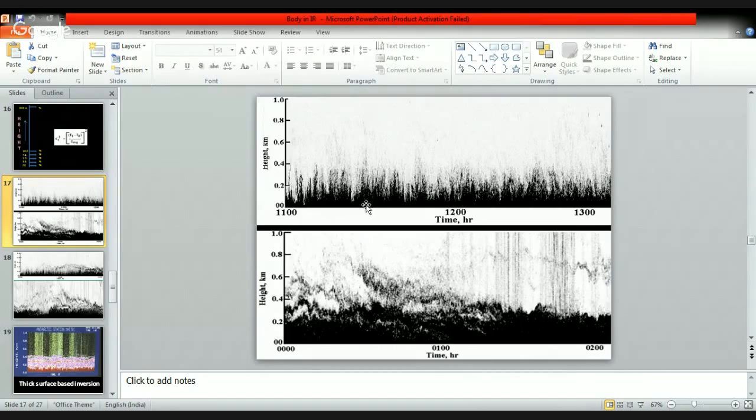With the result, what we see is thermal convection. The hot air parcels from the surface are moving up and the cold air mass from the top is coming down. This portion is the homogeneous cold air from the upper surface coming down, and the black part is the warmer air moving up.